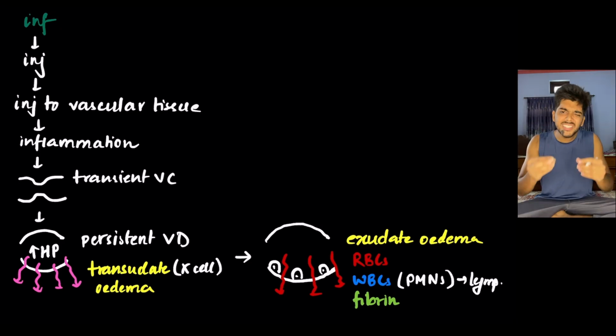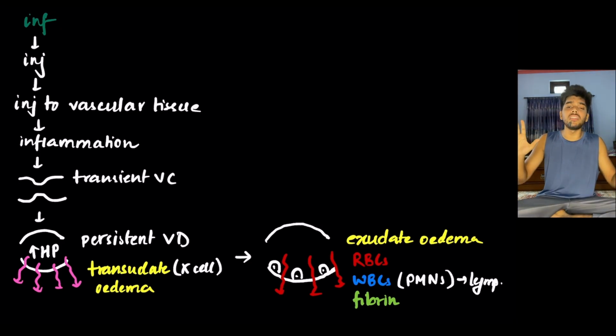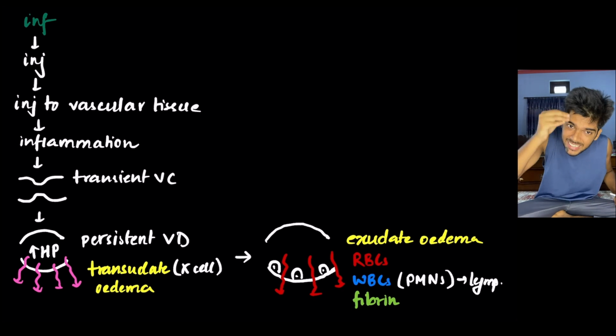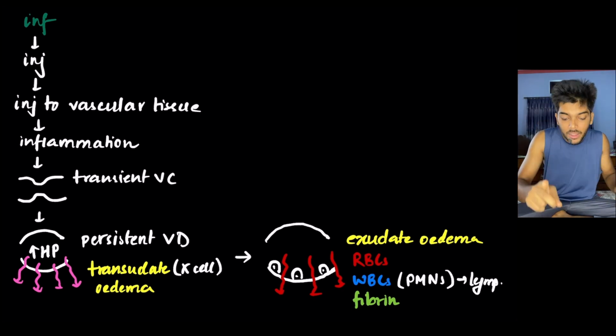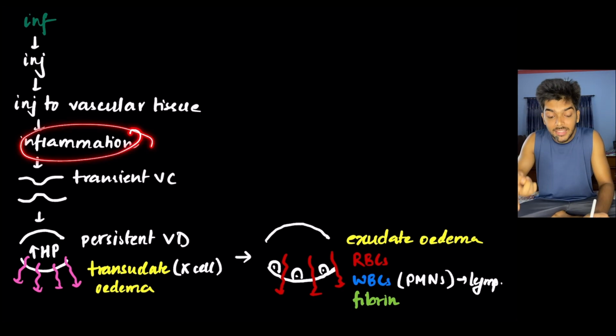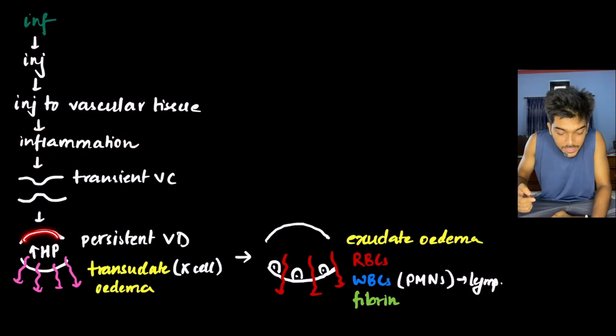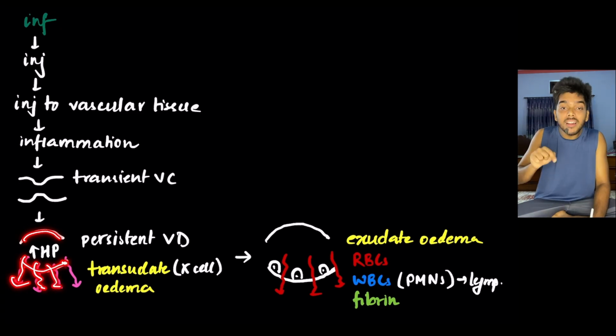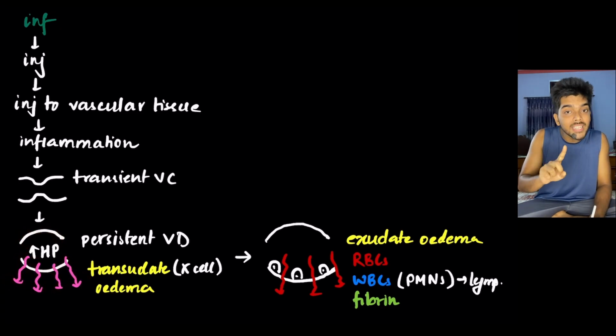Okay, this is the basic of the basic thing that you must already know from general pathology that you need to recap here right now. If nothing, at least keep this much in your mind, that when there is inflammation, there is dilation of blood vessel, due to which transudate comes out. Transudate contains fluid, not cells.